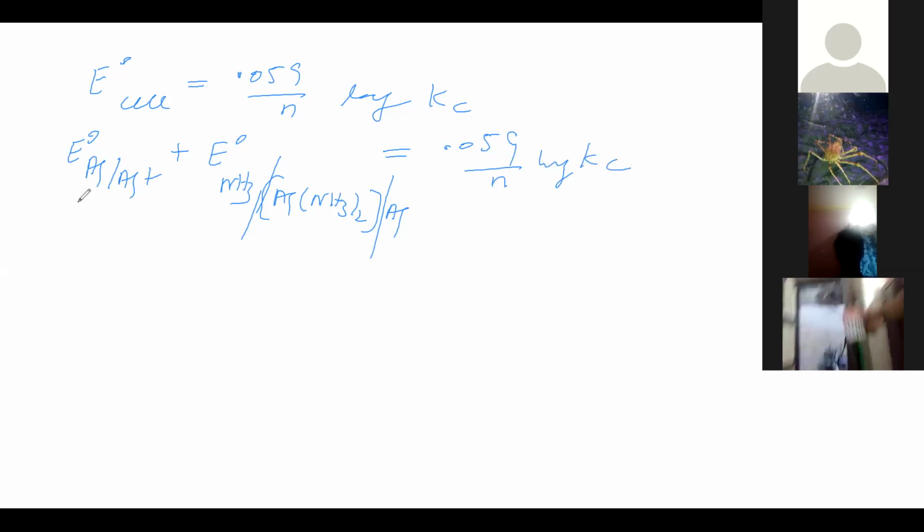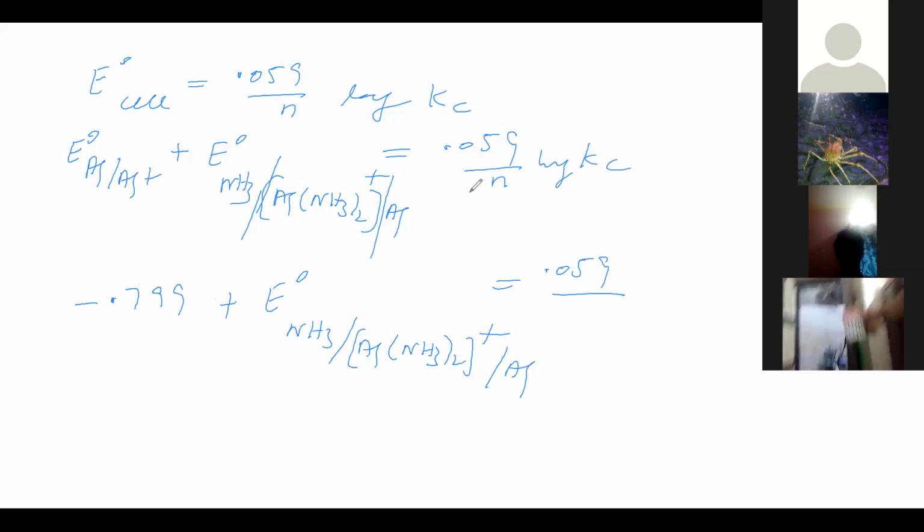Now, this E naught value we know: it is 0.799 volt, plus the E naught value we have to find. Here Ag plus is there. This E naught value we are finding equals 0.059 by n, where n is the number of moles of electrons, that is 1, times log Kc.